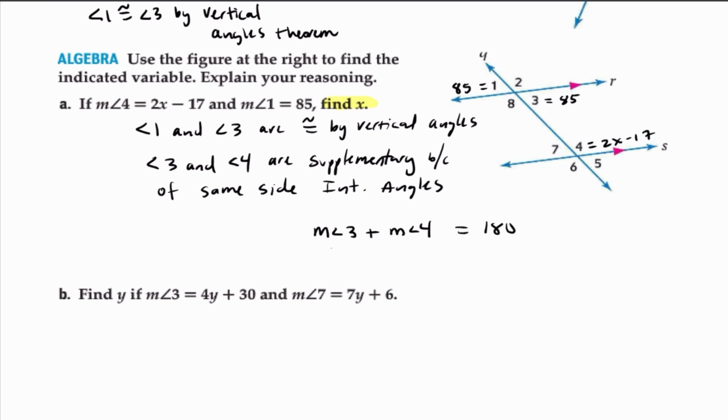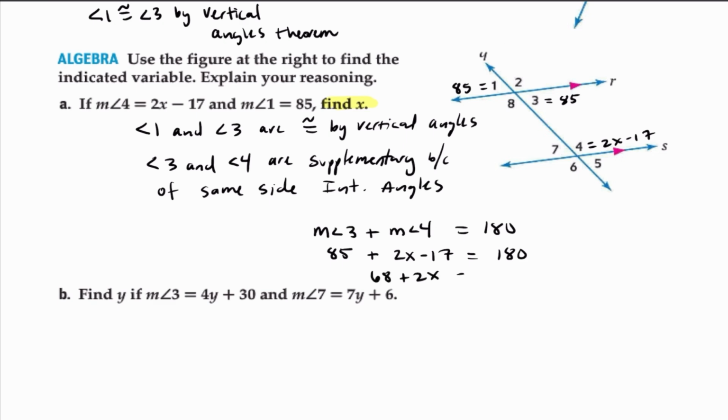The measure of angle 3 is 85, plus the measure of angle 4 is 2x minus 17. And I'm going to add them up and equal to 180 degrees. We're going to combine the like terms here. I have 85 minus 17, and 85 minus 17 is 68.